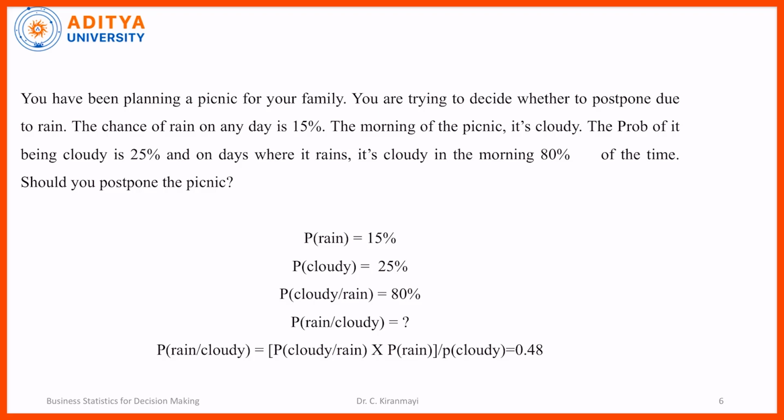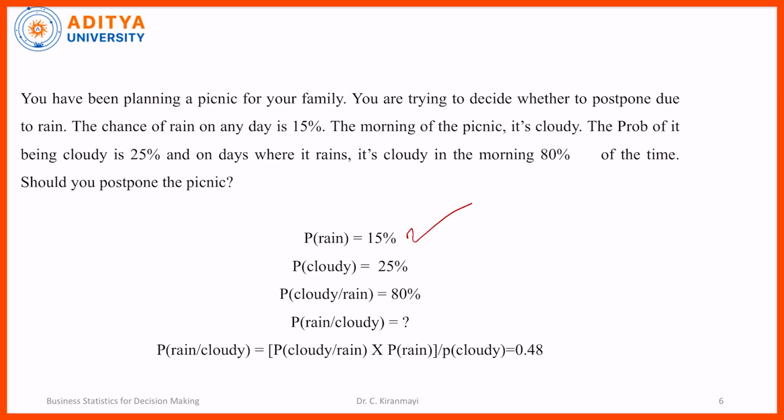Now let us try to understand how we can compute using Bayes theorem, how we can make predictions, and how we can calculate the probability of occurrence of a particular event in relation to the happening of another event. We can see this with an example. Imagine a person is planning a family picnic, and we are given that the chance of a day being a rainy day is 15%.